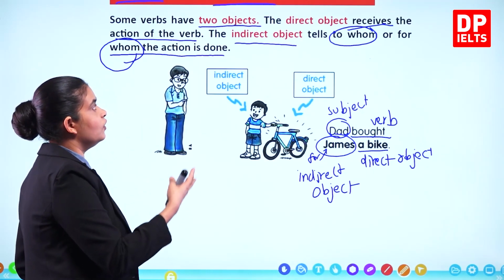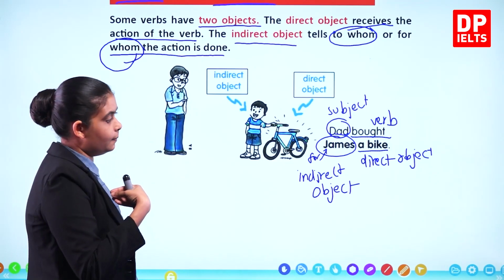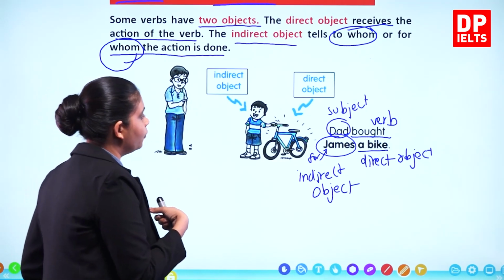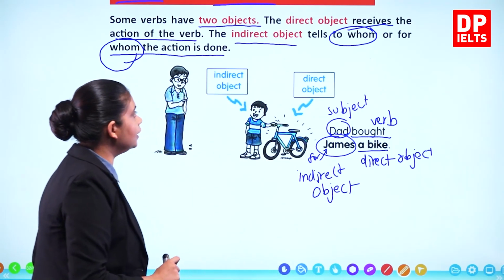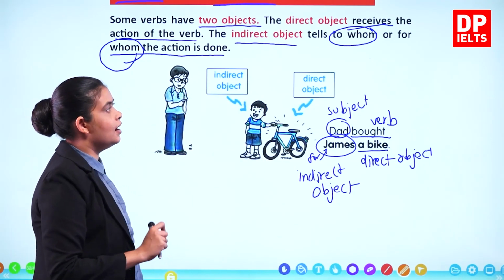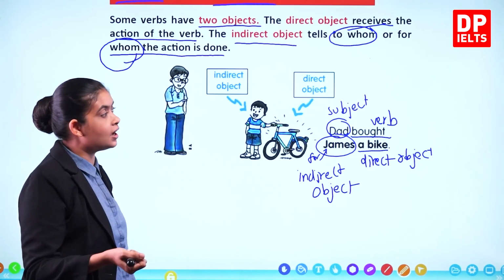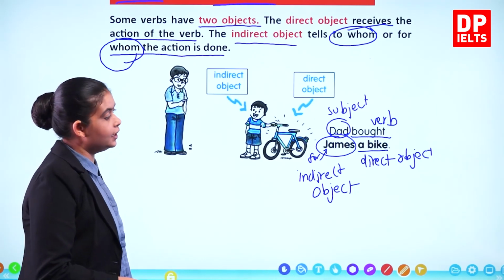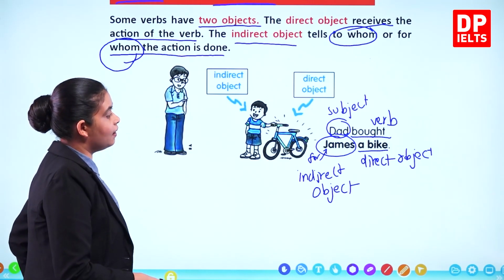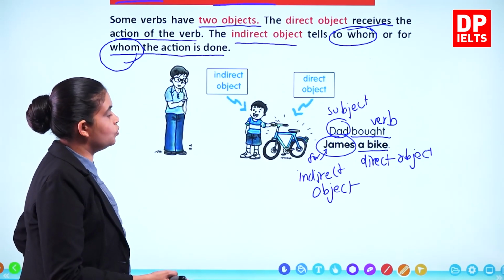Straight away, what was taken? That comes directly as a bike. Therefore, that is the direct object. But an indirect object is to whom, or from whom, this action was received, right? So who is the boy doing it for? For James. To whom?